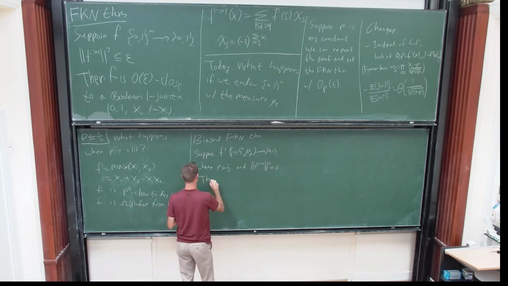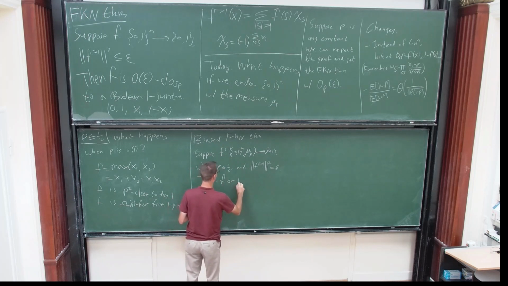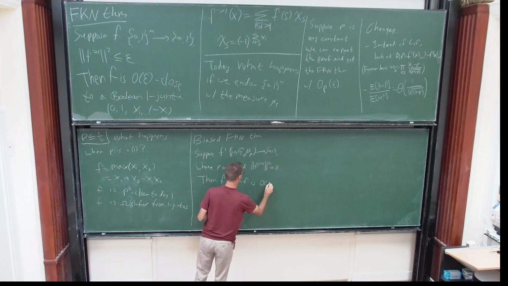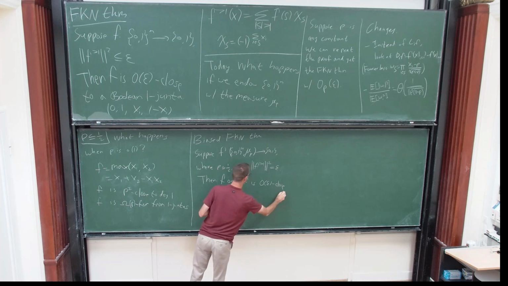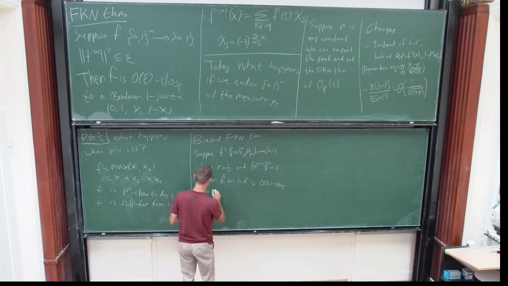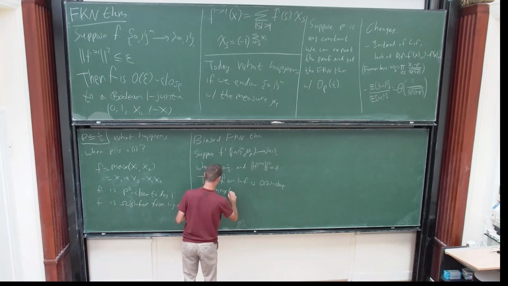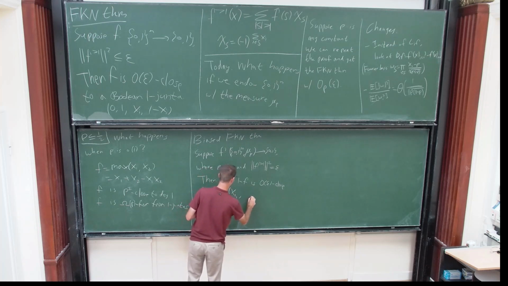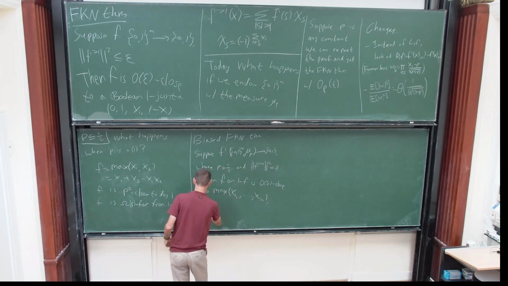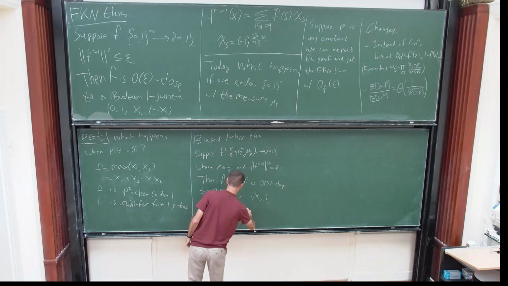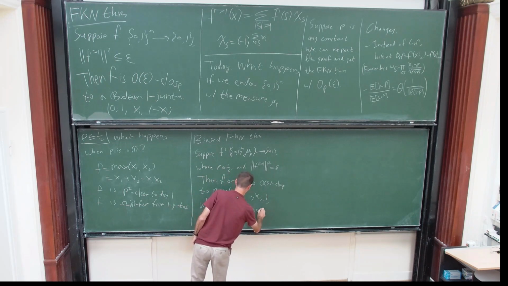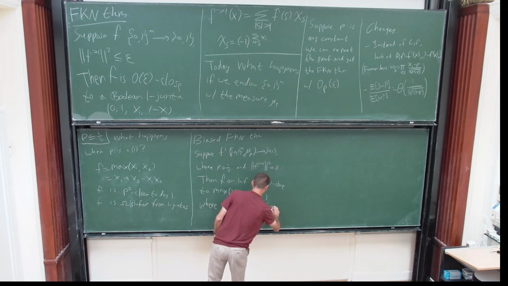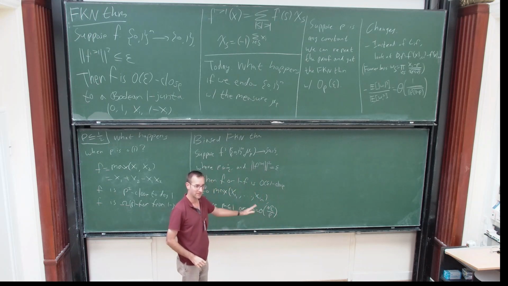Okay, then f or 1 minus f is order epsilon close to the maximum of m coordinates, where m is at most 1 or m is order of square root epsilon over p. Right? And we'll see in a moment why we get this square root epsilon over p.